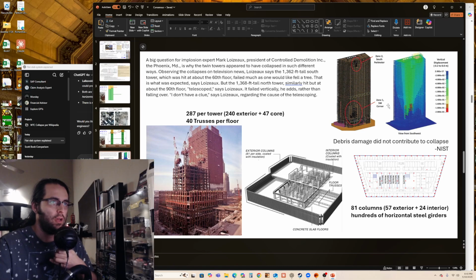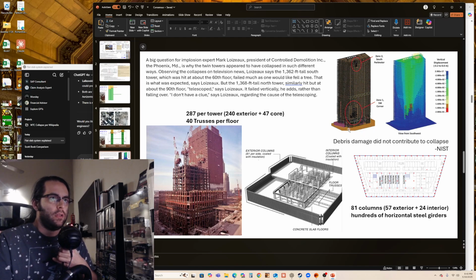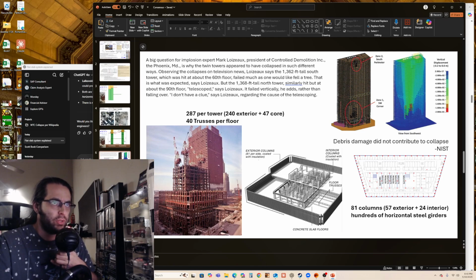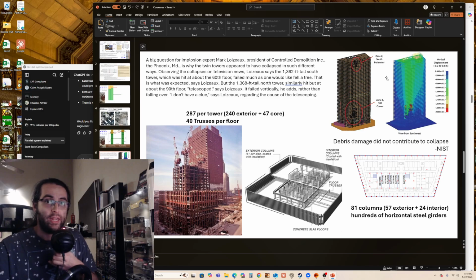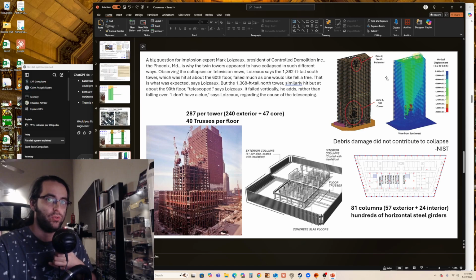It's one of the 3 that were totally destroyed, also with concerning questions on how it was destroyed so rapidly and completely. This is the debris damage as estimated by NIST, and NIST says that damage did not contribute to its sudden free fall symmetrical collapse, that it was solely due to a fire induced series of failures.